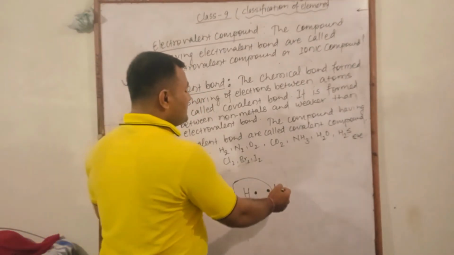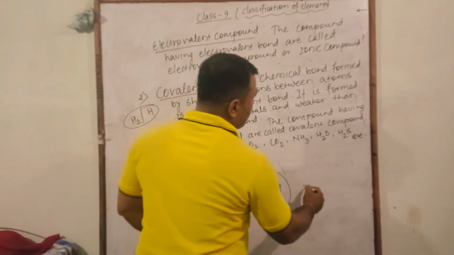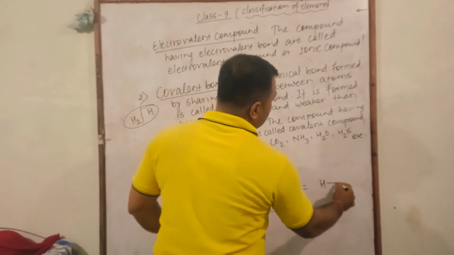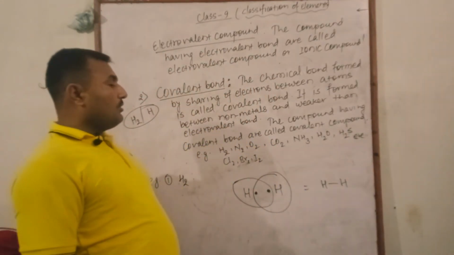In the same way, this hydrogen also shares electrons, and in this way the chemical bond is formed by sharing of electrons, which is called covalent bond.